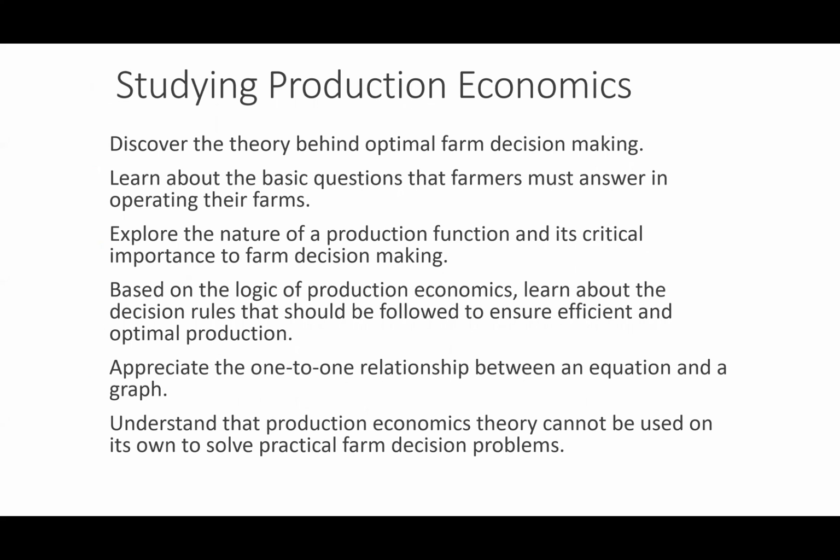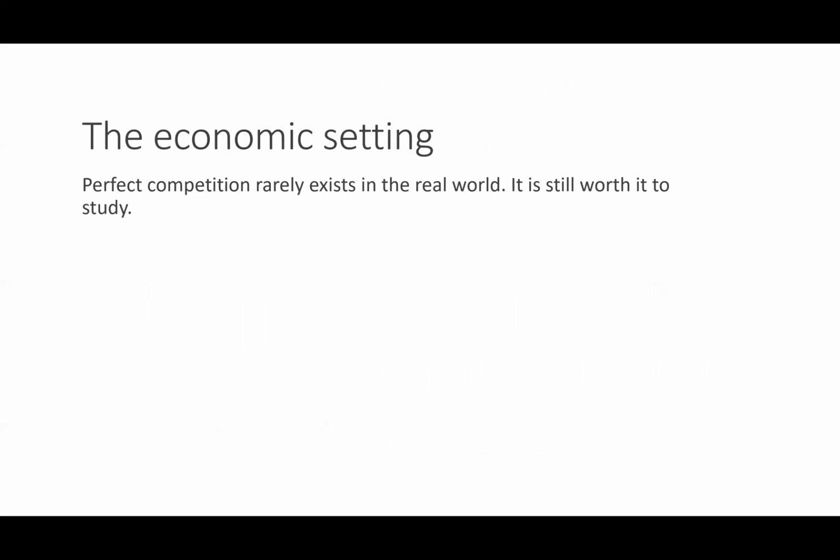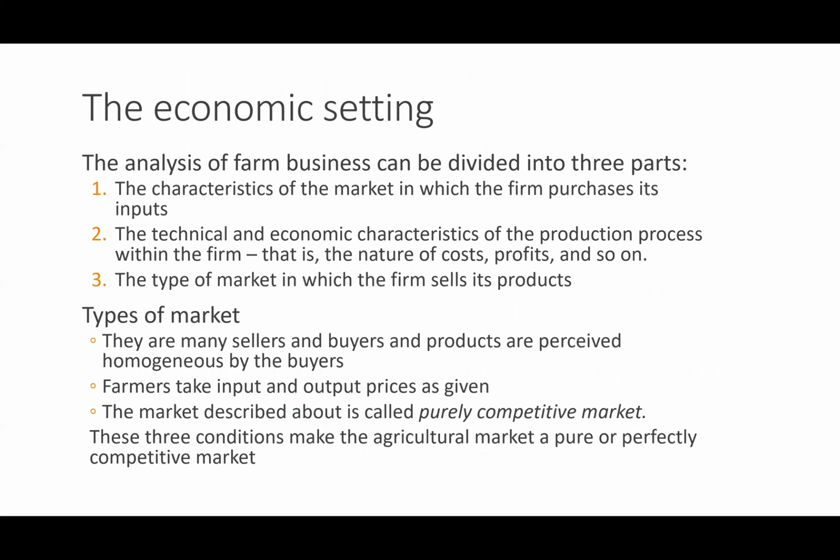So, to almost conclude here, the analysis of farm businesses can be divided into three parts. One is the characteristics of the market in which the firm purchases its inputs.